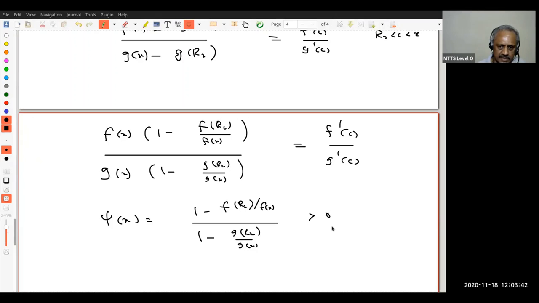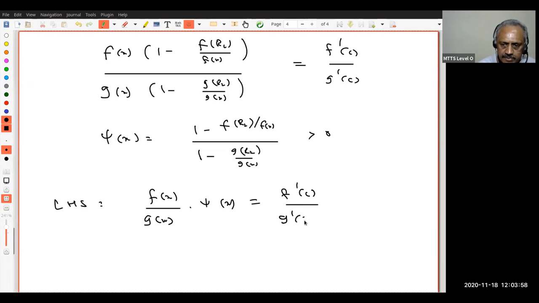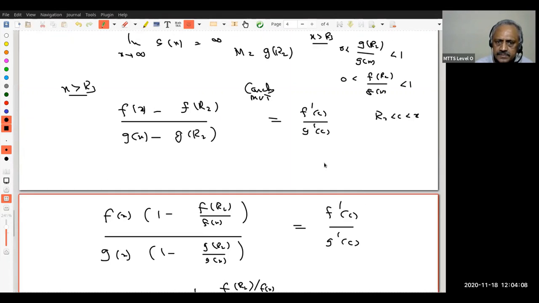Is that clear? Therefore, what I have on the left side, LHS, is nothing other than f of x by g of x into psi of x, equal to f dash of c by g dash of c for R3 less than c less than x. Did I write R2 or R3 here? R3.